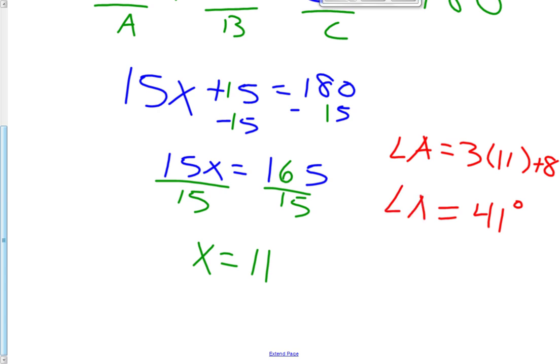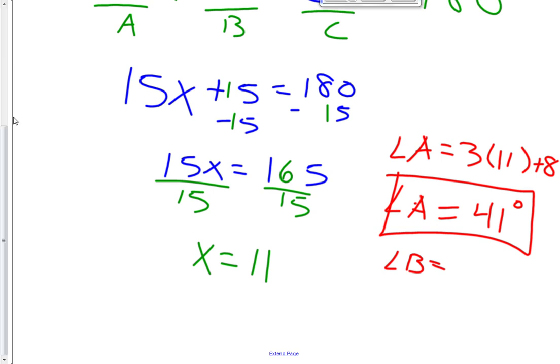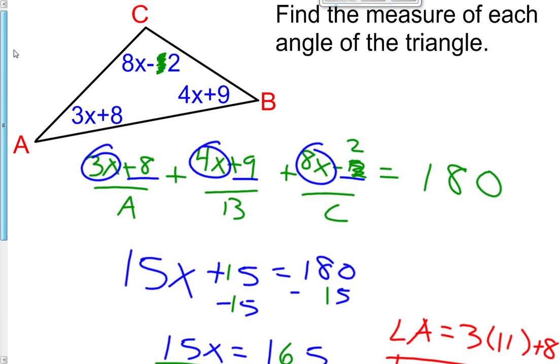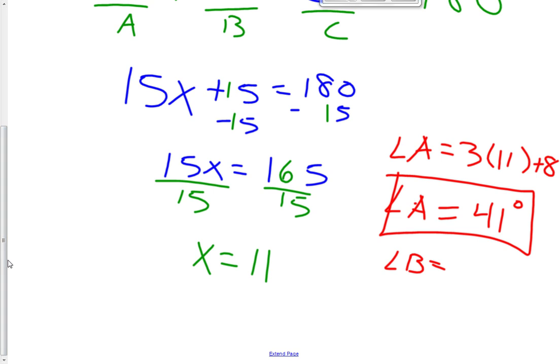There's the measure of angle A. Now we want to find the measure of angle B. Angle B is 4x plus 9. 4 times x plus 9, and x again is 11. So 4 times 11 is 44, plus 9 is 53. 53 degrees is the measure of angle B.